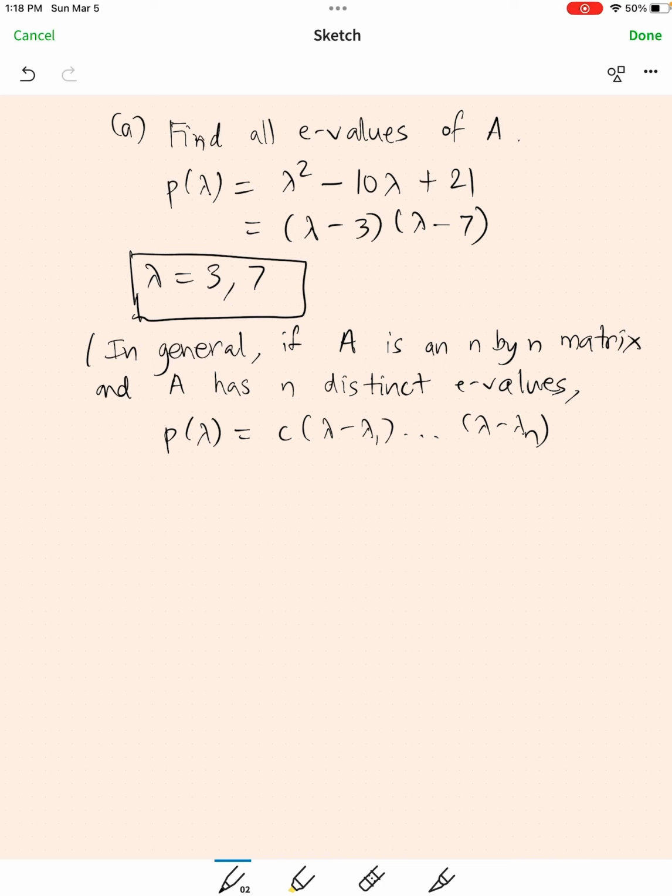And so the algebraic multiplicity of each eigenvalue is 1, and then that forces the geometric multiplicity of each eigenvalue to be 1.